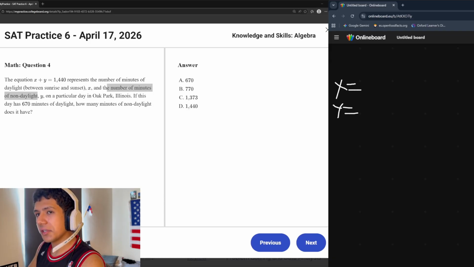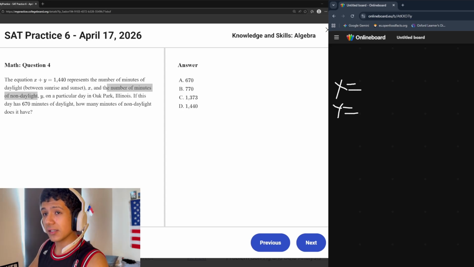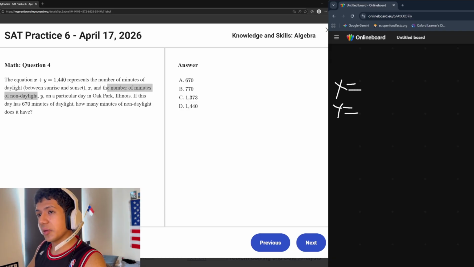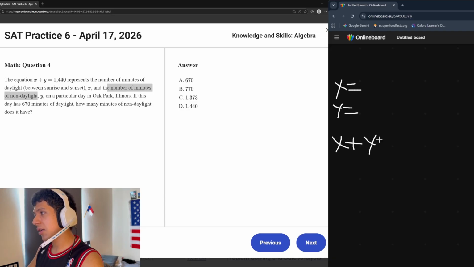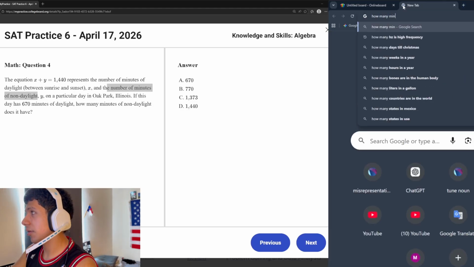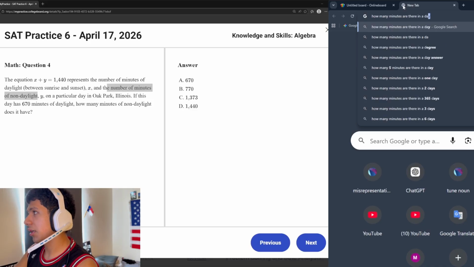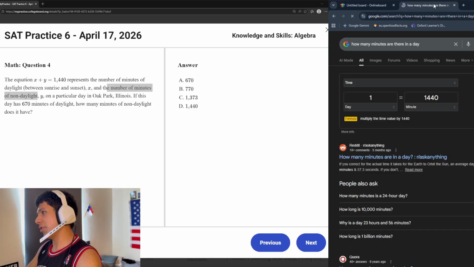If this day has 670 minutes of daylight, it's asking how many minutes of non-daylight does it have. So how many minutes are there in a day? 1440, right? So that's correct.